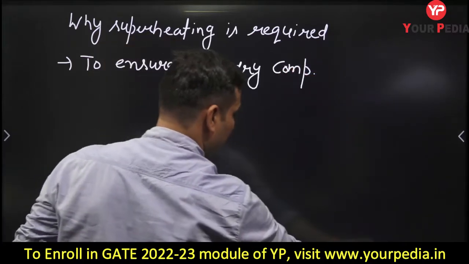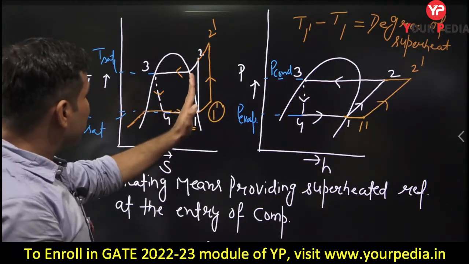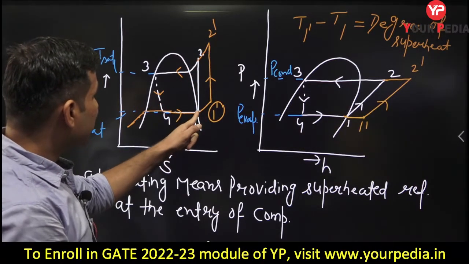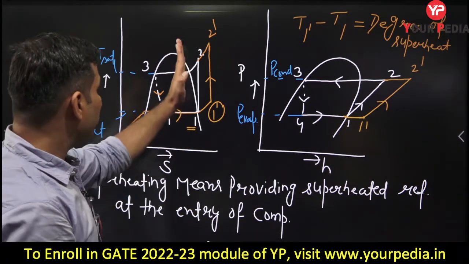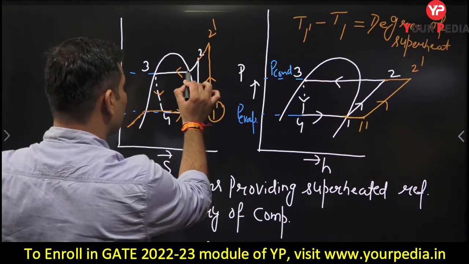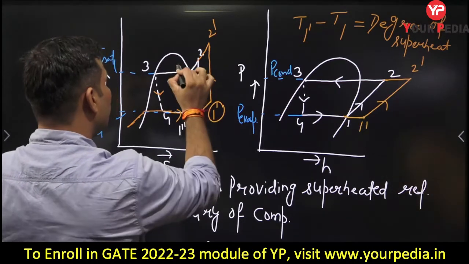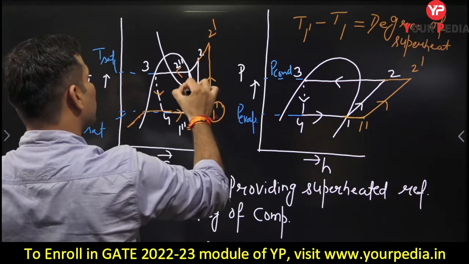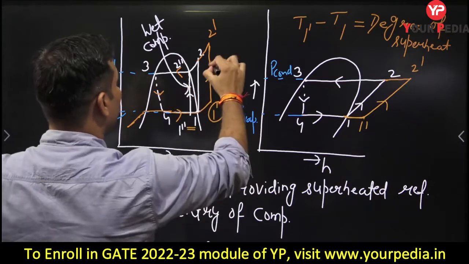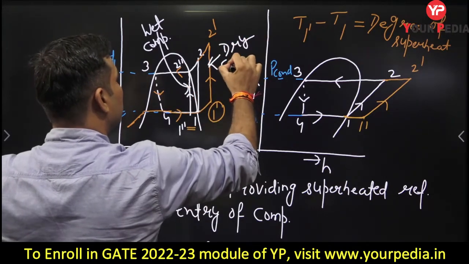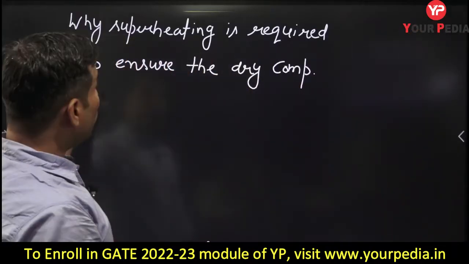If you are not carrying out superheating, there may be chances that the saturated vapor is not entering, and some wet refrigerant enters the compressor. Suppose the compression is in this particular region, say 1 double dash to 2 double dash, this line is known as wet compression. And this line is known as dry compression. So we carry out superheating to ensure dry compression.